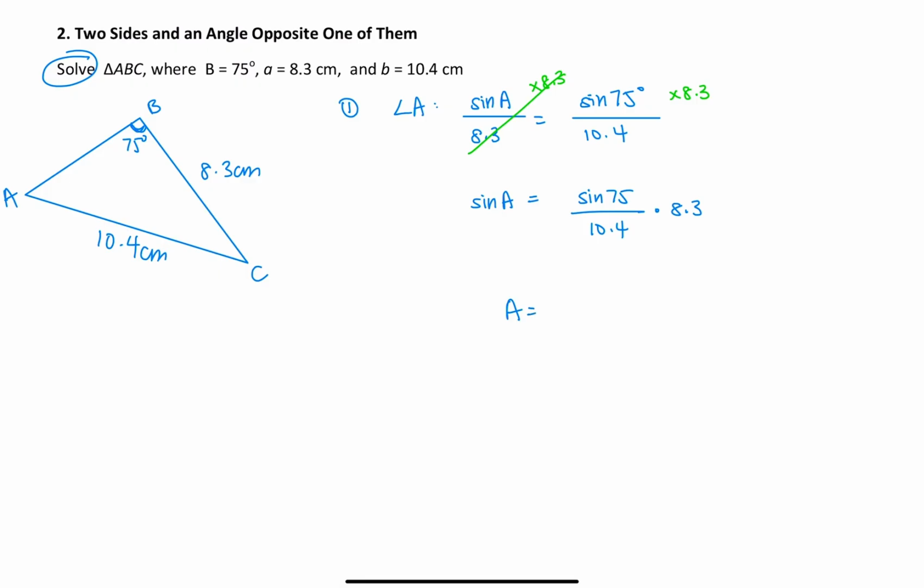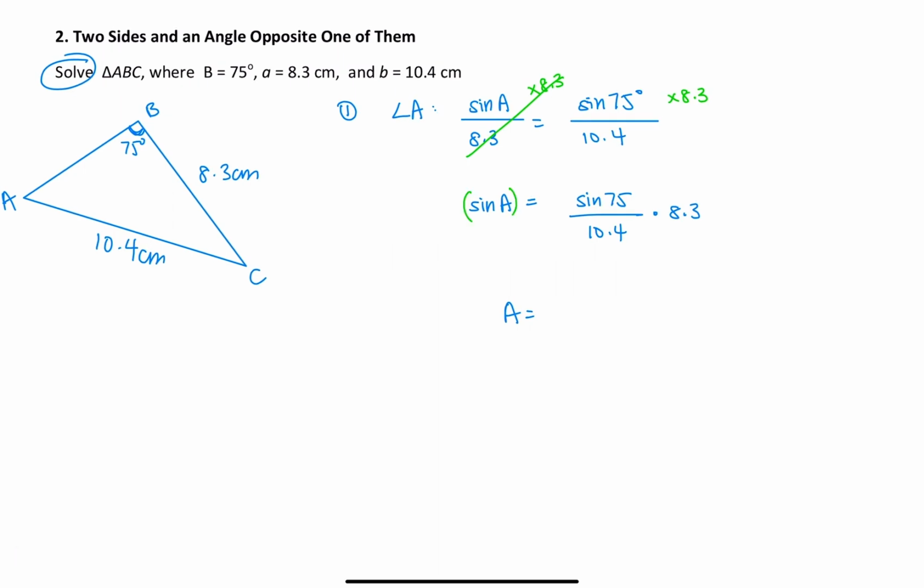We're not trying to find sine of A. And recall, in order to get rid of this, we need to take the inverse of sine, and that will cancel these out. So we take the inverse of sine of all of that. Try putting that in your calculator, and you should get 50.4 degrees. So that means that angle A is 50.4 degrees.